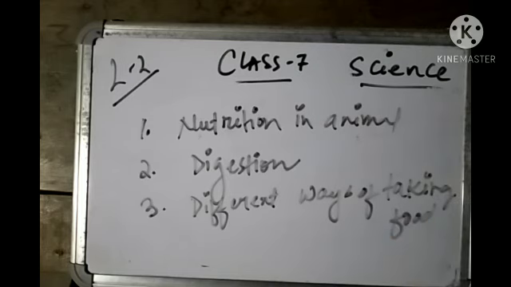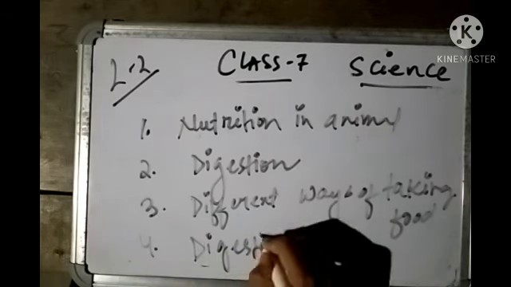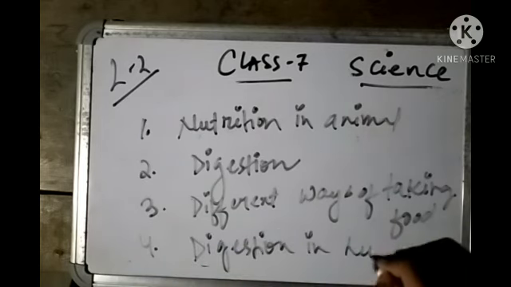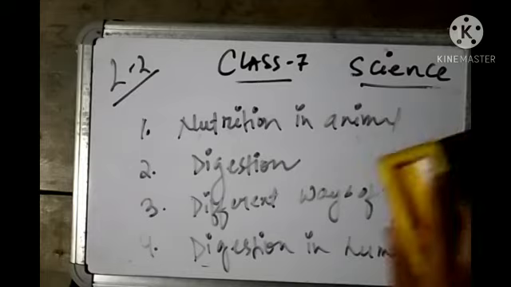Then the most important topic of today's lecture, digestion in humans. So we have discussed the definition of nutrition in animals, digestion, different ways of taking food, and digestion in humans.